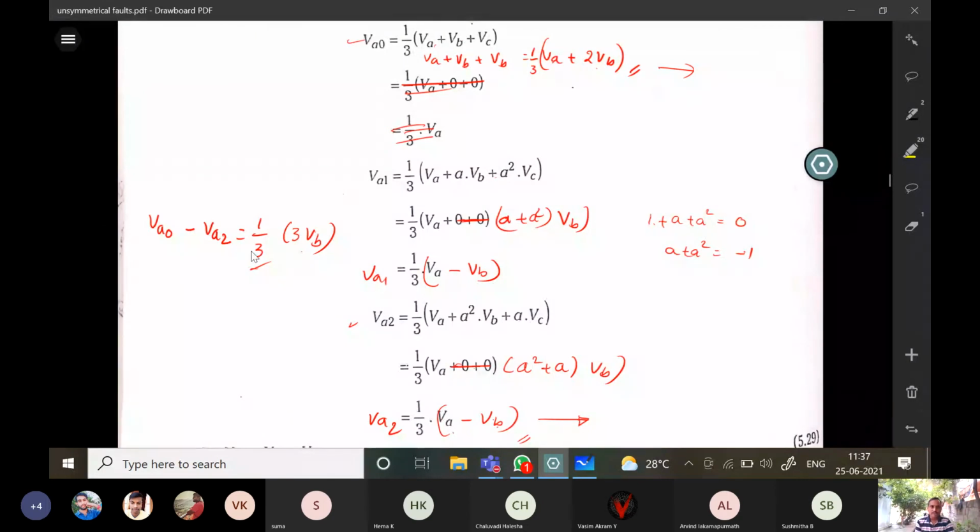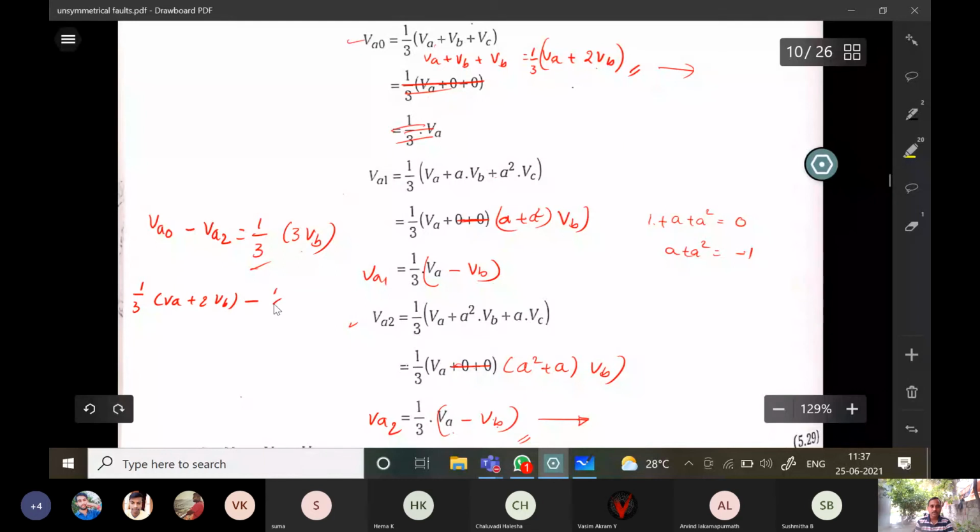VA0 is equal to 1 by 3 VA plus 2 times of VB, minus VA2, which is equal to 1 by 3 times of VA minus VB. Right?